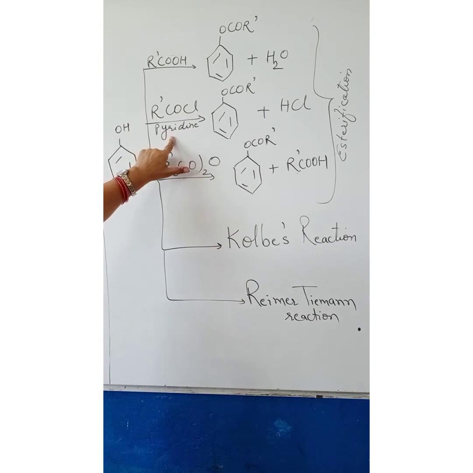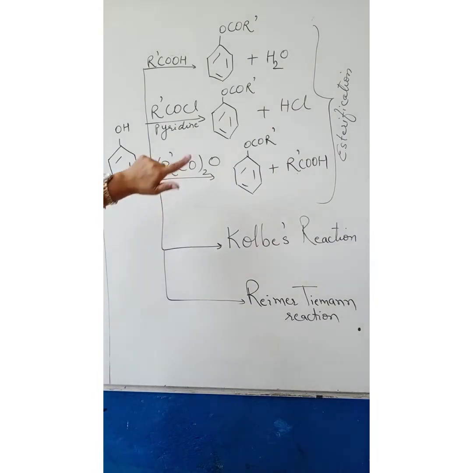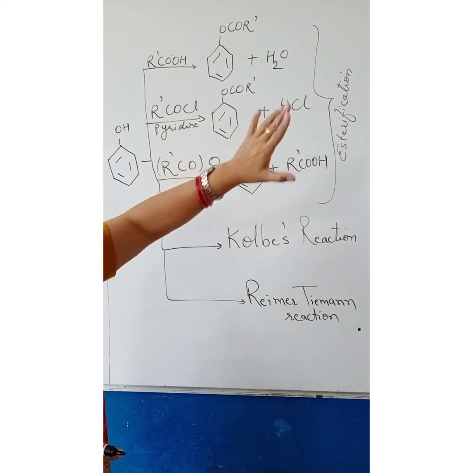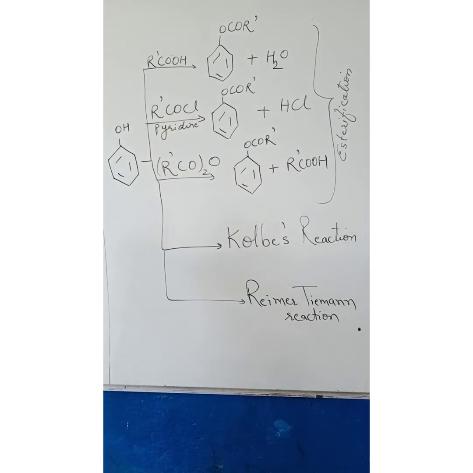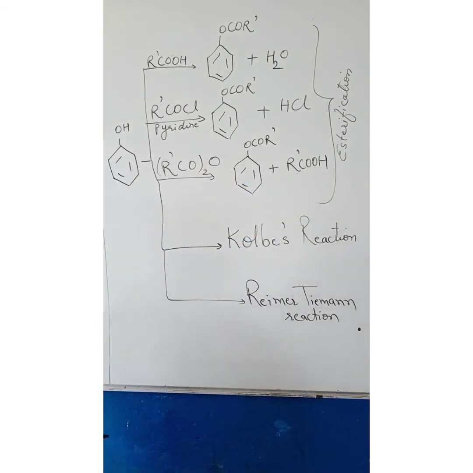This reaction is carried out in presence of pyridine to neutralize the acid which is formed in the reaction, because pyridine is a base. So phenol reacts with acid chloride to form ester and HCl, which gets neutralized by pyridine. Phenol reacts with acid anhydride to form ester and carboxylic acid.